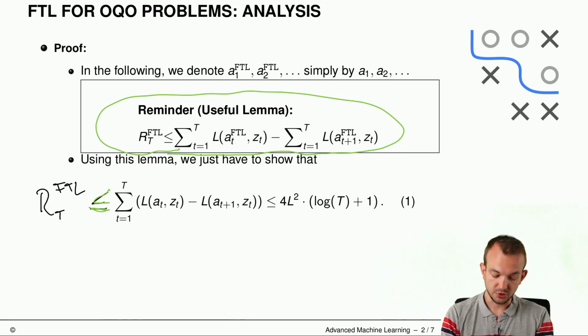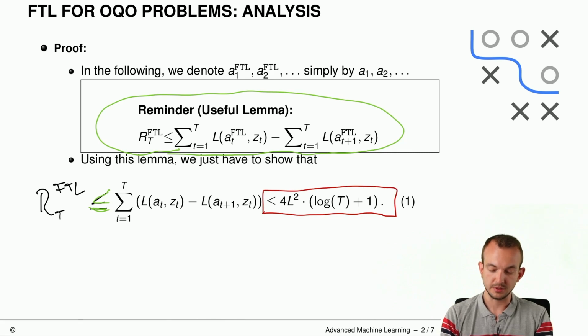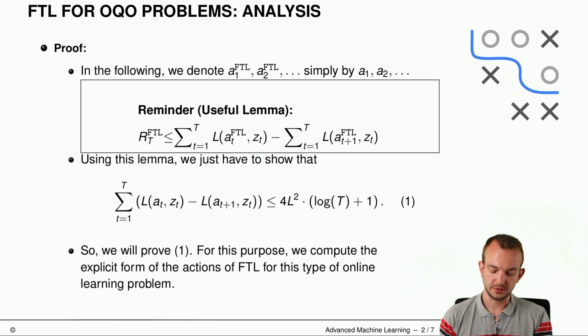And if we can now show that this upper bound for the regret is in turn bounded by what we want to show, now this logarithmic growth of the regret, then we are done. So all we need to show is this inequality 1, thanks to our useful lemma.